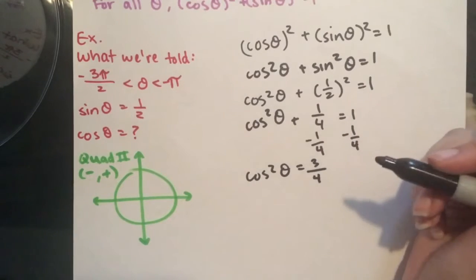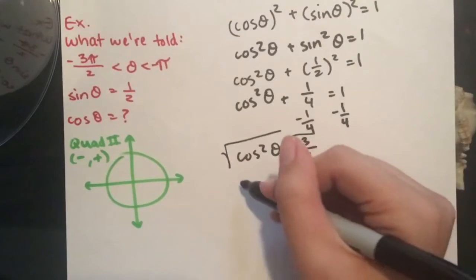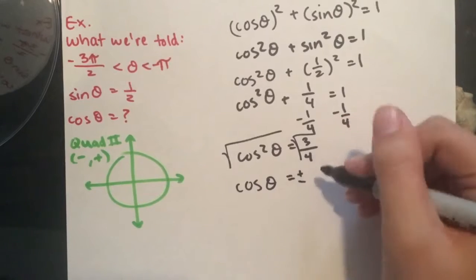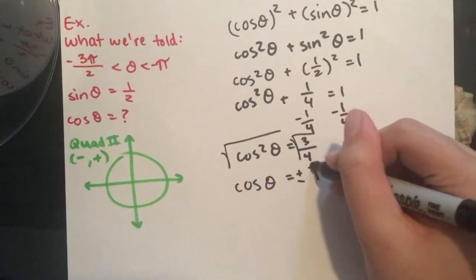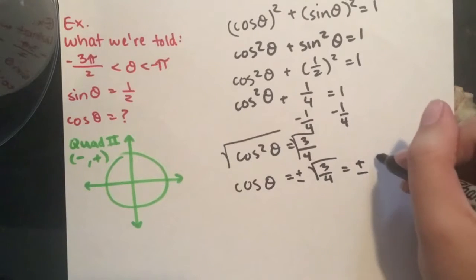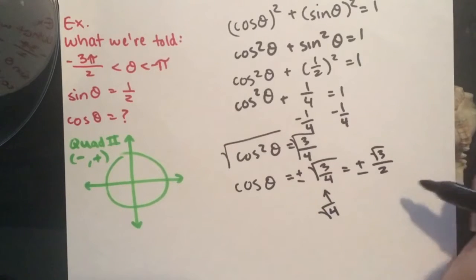And to get cosine theta by itself, we'd have to take the square root of each side. So now we have cosine theta is equal to the positive or negative value of the square root of 3/4, or the positive or negative value of the square root of 3 over 2. As we know, 4 is a perfect square, so it would be 2.